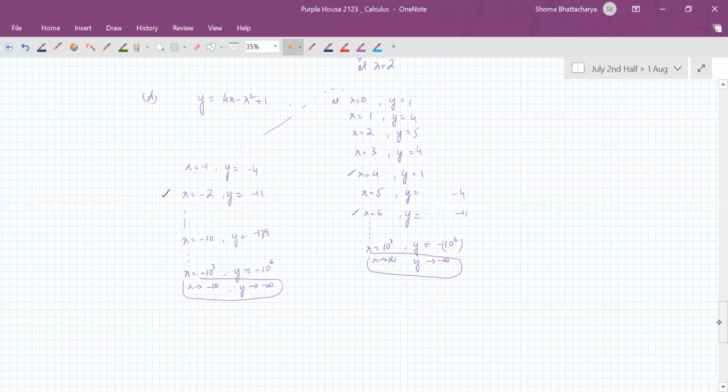So we'll just make a slight modification to the graph below. Just first write down some of these values.